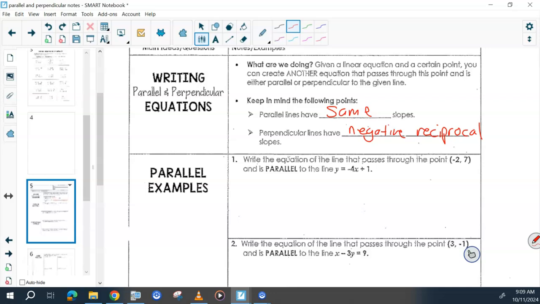We'll be given an equation and a point, and we have to write an equation that is parallel or perpendicular to that equation and goes through that point. Similar to writing equations from slope and a point, we're going to use our point-slope formula again.